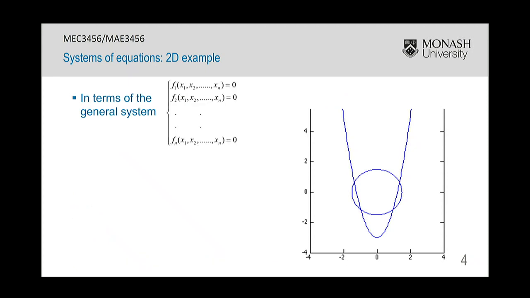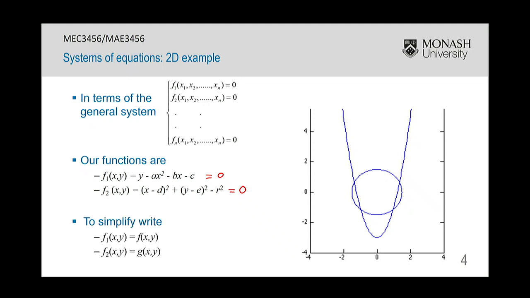So in terms of the general system of equations that we wrote earlier, we've got a rather simpler system. We only have n equal to 2 here, and the functions are f1 and f2, which are functions of x and y. So f1 is equal to y minus ax squared minus bx minus c, and that's got to be equal to 0. And f2 is the circle, given by (x minus d) squared plus (y minus e) squared minus r squared is equal to 0. So those are our 2 functions.